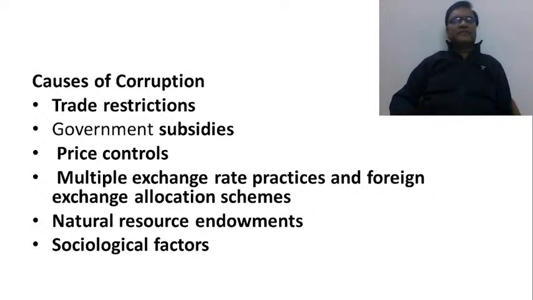So, sociological factors. What are the sociological factors that we are talking about here? After 1991 in India, we have seen rapid changes in terms of our ethics and values. We have moved towards materialistic societies, wherein people believe that what really matters is only success in life.